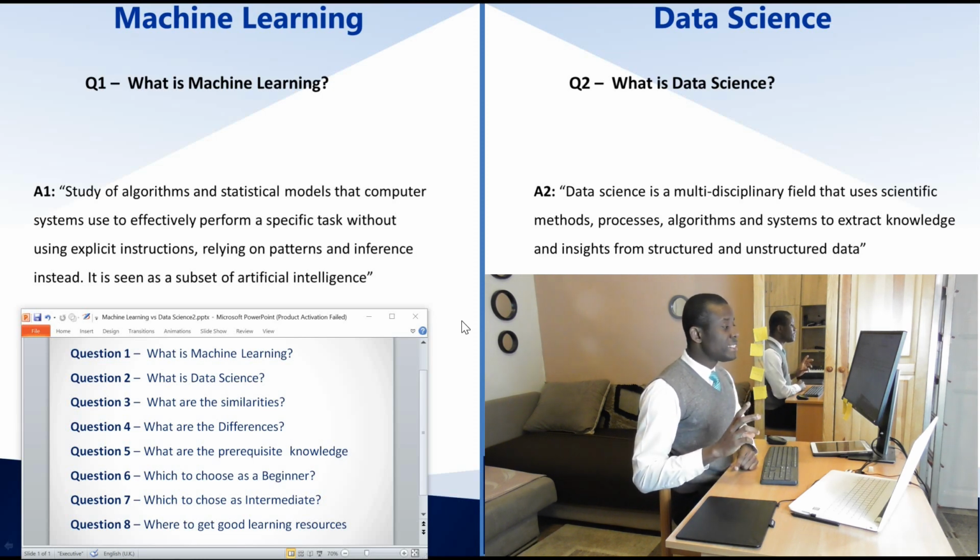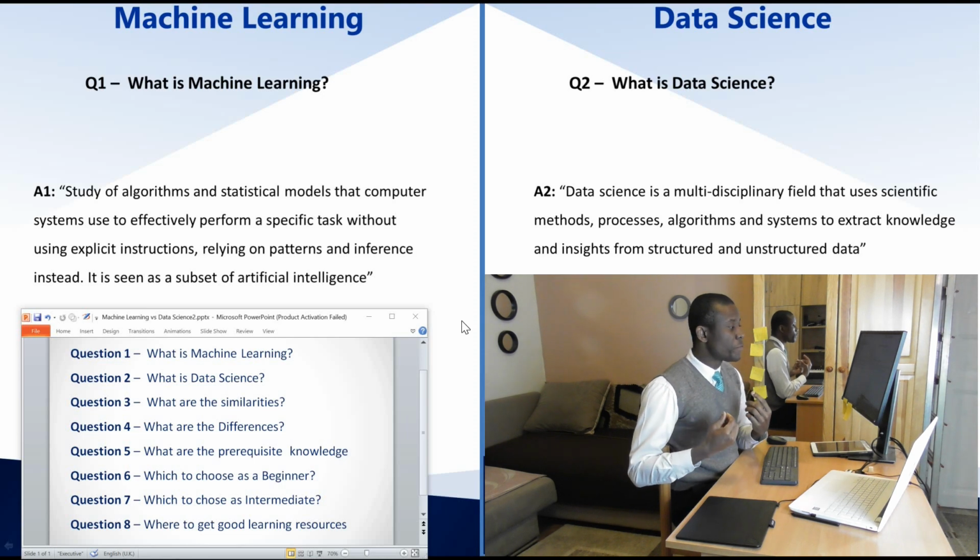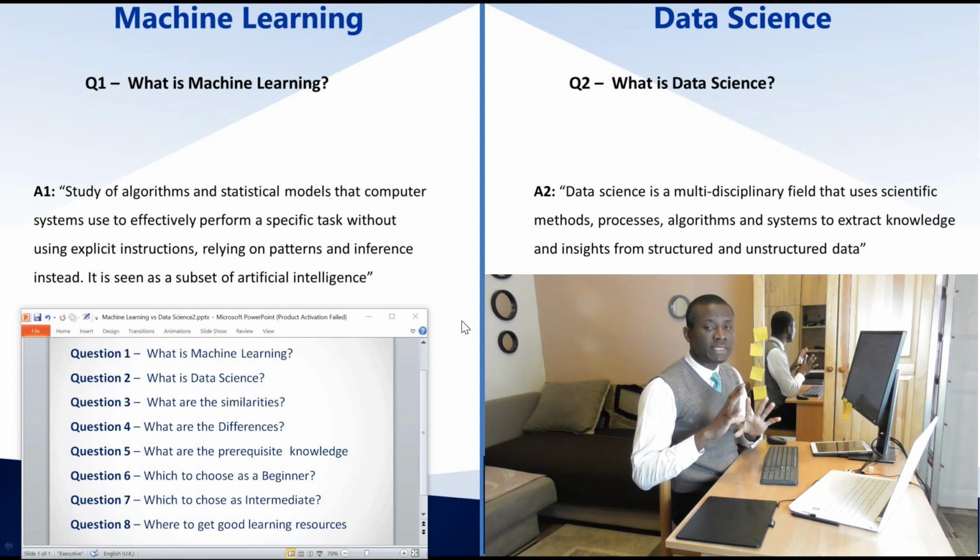Now, data science is a multidisciplinary field that uses scientific processes, models, algorithms and methods to extract knowledge from unstructured and structured data. So one thing you want to know about data science is it simply has to do with analyzing data. You must have a data set. This time it is not just a little data set, but big data, or even structured data that we have in tables.